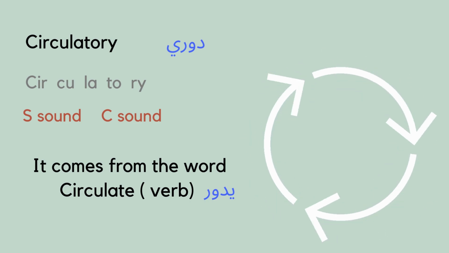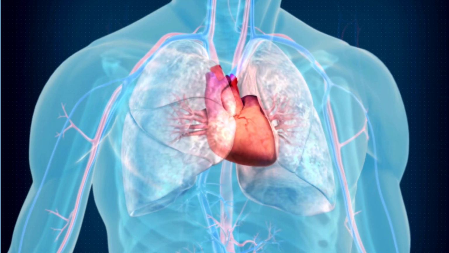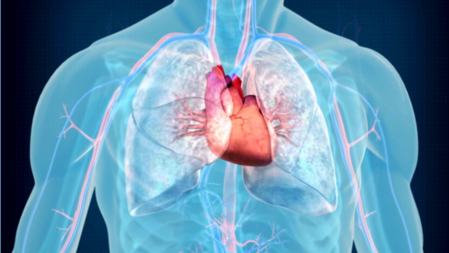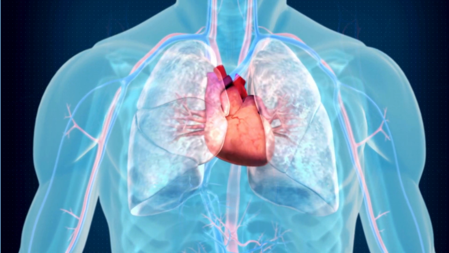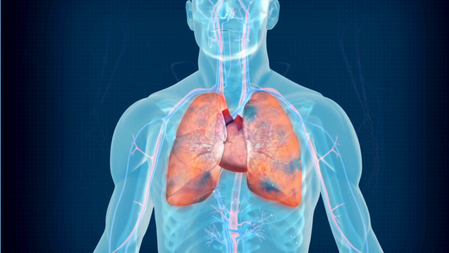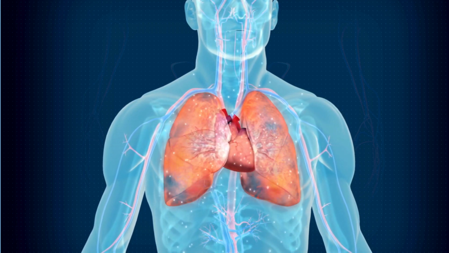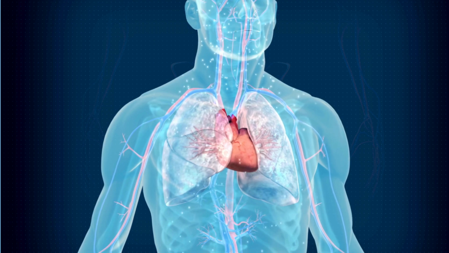So here the human circulatory system is a system that transports oxygen and nutrients through the blood to all the body cells, all the body parts, okay? And here, as you see, it consists of the heart, and these blue and red vessels, those are the blood vessels. And of course, the blood vessels have blood, okay?